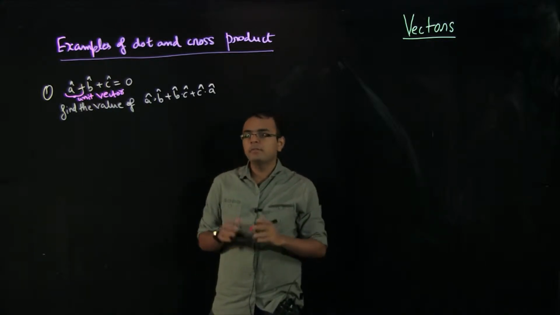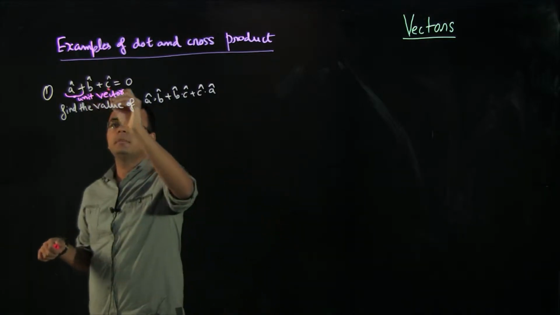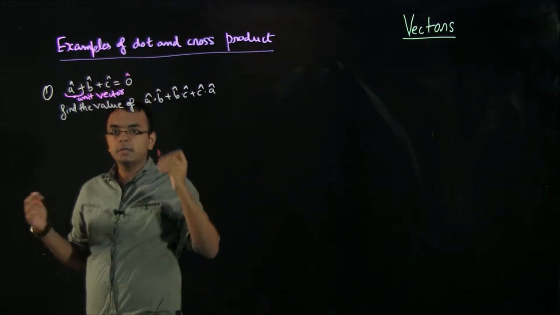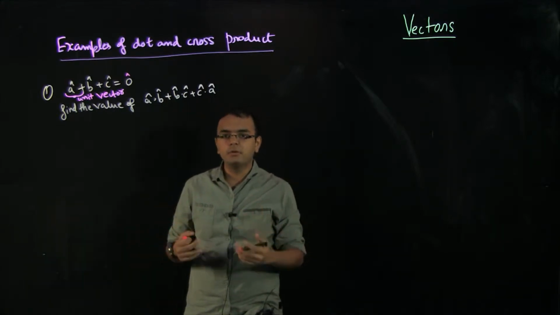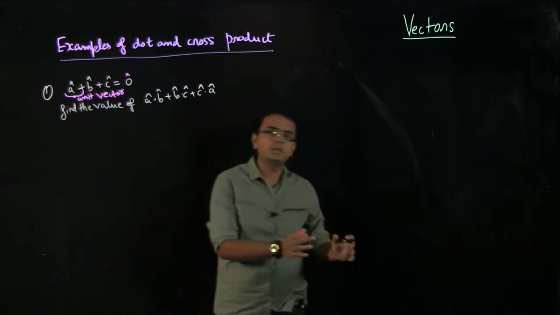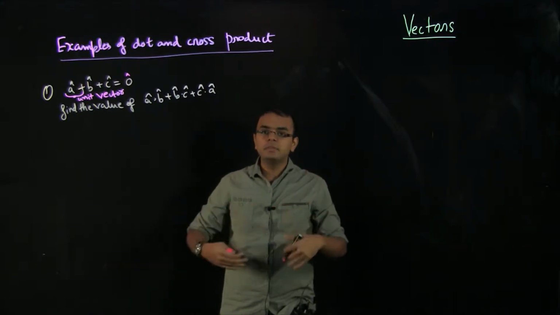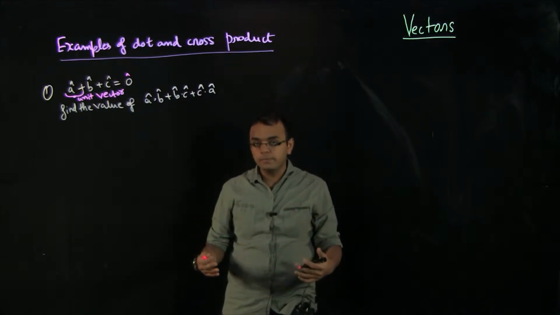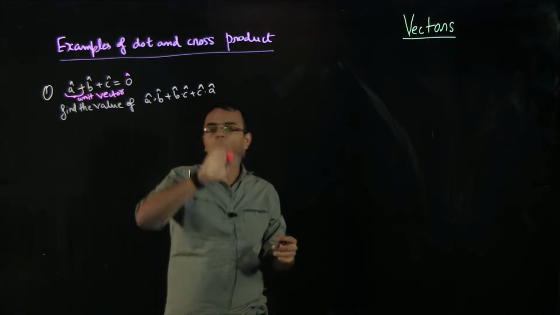So first thing first, we have been given a vector relation, so you can realize that this a cap plus b cap plus c cap is equal to a 0 vector, that this is a vector relation, and we have been asked to find a scalar quantity. So how can we go from a vector quantity to a scalar relation? For that we should quickly remember that this means the question is asking us to take a dot, and of course that is why it is asking us to find the values of some dot products.